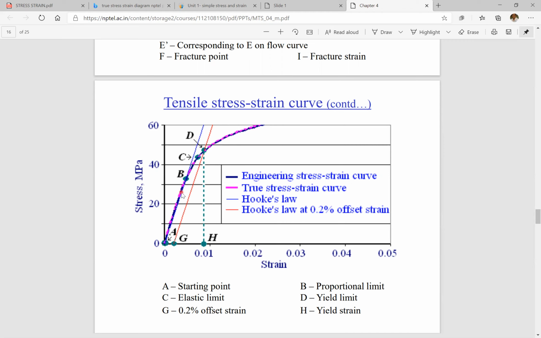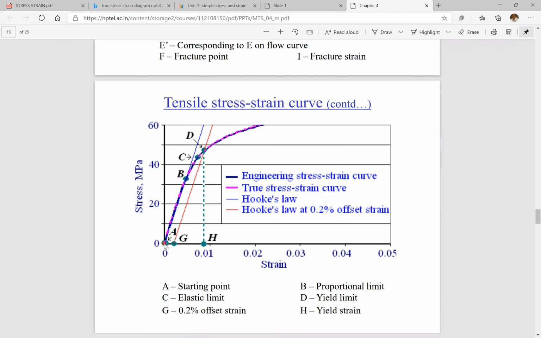So we will draw a line parallel to this blue line. That line will be at 0.2% offset of strain. This is the total strain.